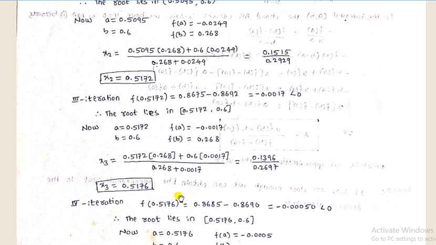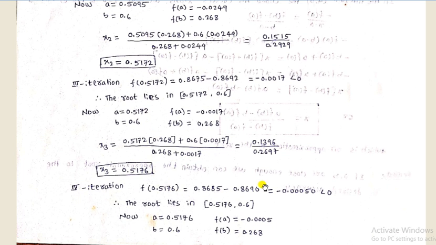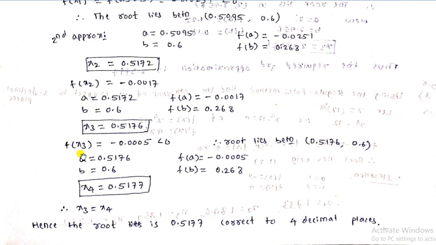So we will continue the same process up to the fourth iteration. Now observe the x3 and x4 values. Up to the third decimal, the values are the same, 0.517, 0.517 here. So hence the real root of the given function is 0.5177.